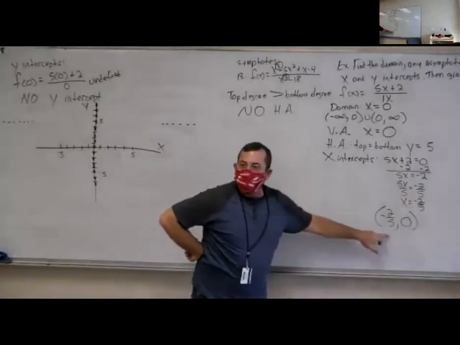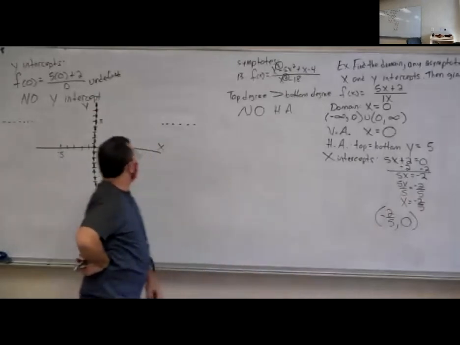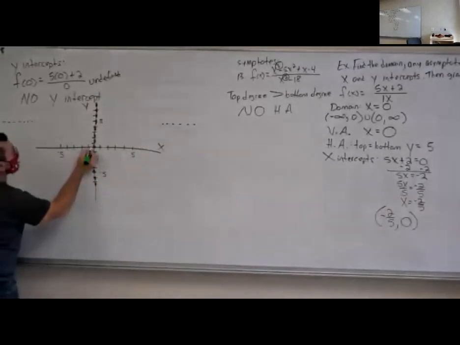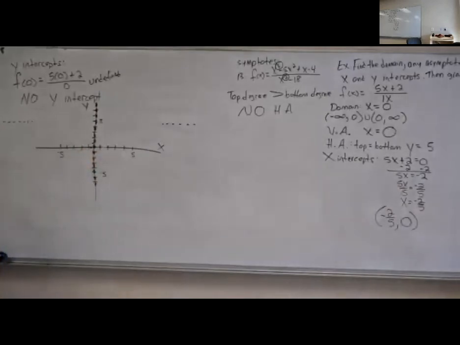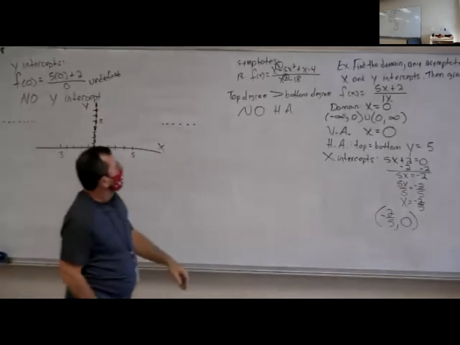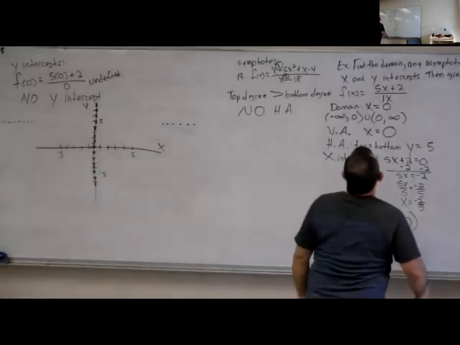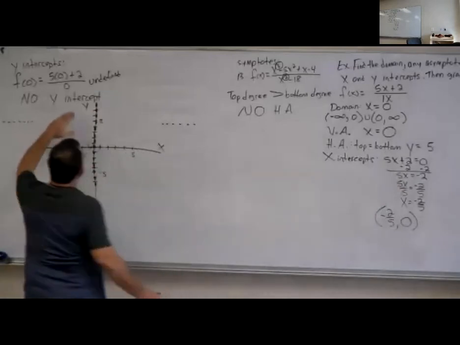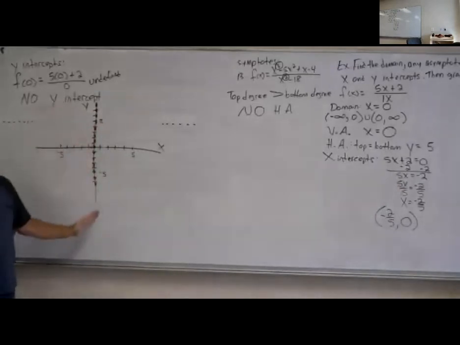It's going to cross at -2/5 and 0. That is almost to that 0, right? Not quite half of it, but 2/5. But it's negative. I needed that. Okay. So then I went and found a y-intercept. Well, we knew there wasn't a y-intercept because it can't cross that y-axis at all.